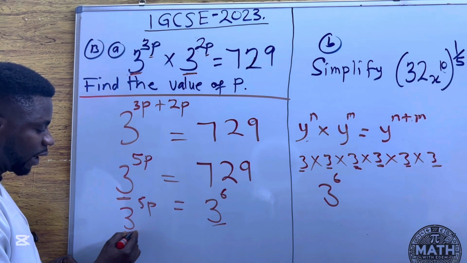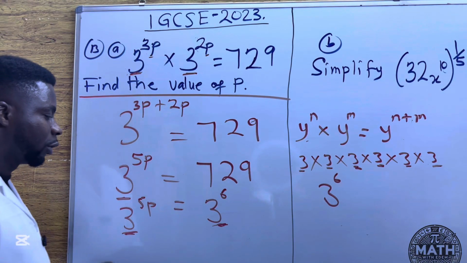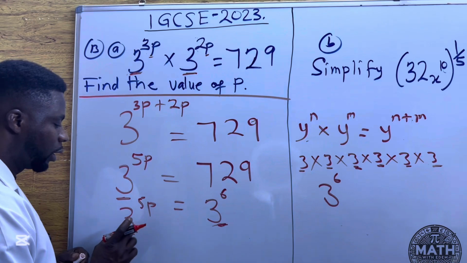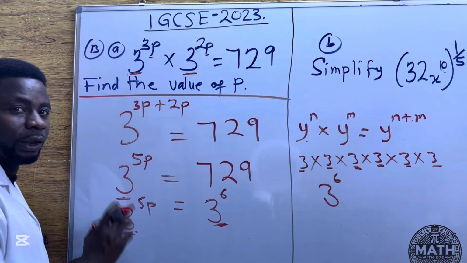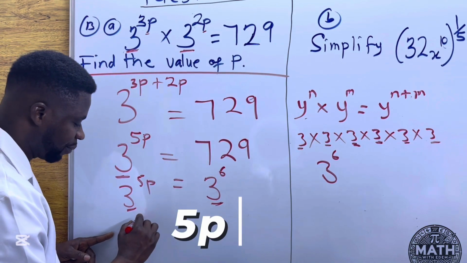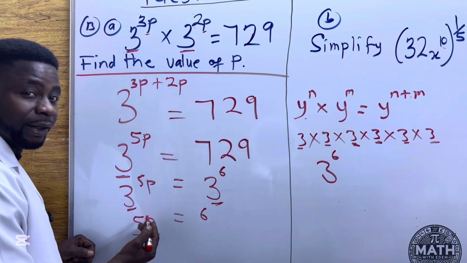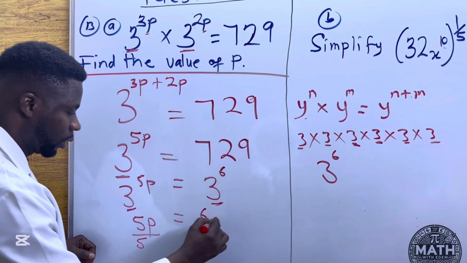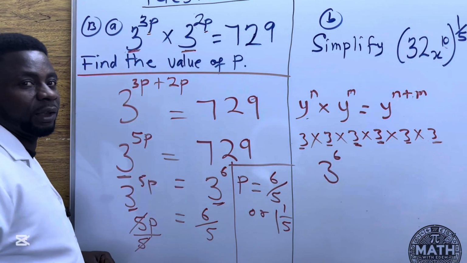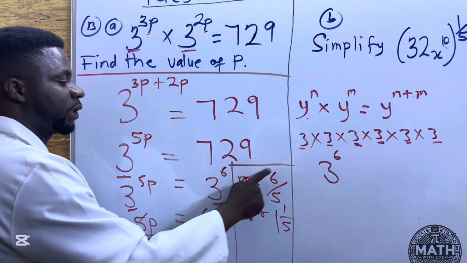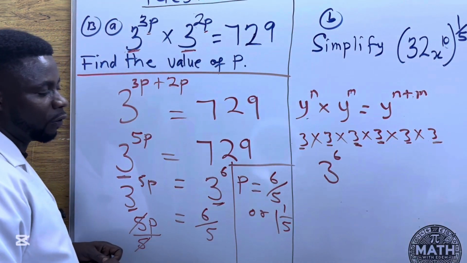Okay, here we have 3 and here also 3. So according to the laws of indices, because the bases are the same, we are going to equate what? The powers also. We have here 5p is equal to 6. So divide this side by 5, divide this side by 5. The question says find the value of p. So the value of p is 6 over 5 or 1 whole 1 over 5.